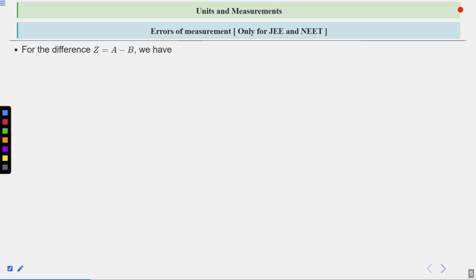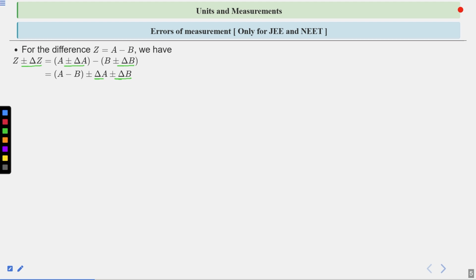Now if we talk about the difference, where Z is equal to A minus B, in that case we have Z plus minus delta Z is equal to A plus minus delta A minus B plus minus delta B. So it will be A minus B plus minus delta A plus minus delta B.